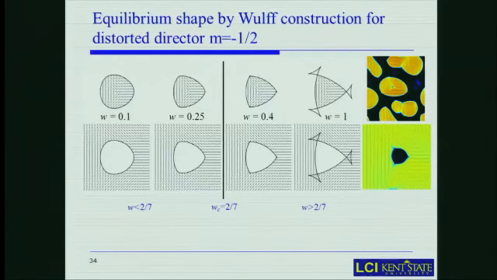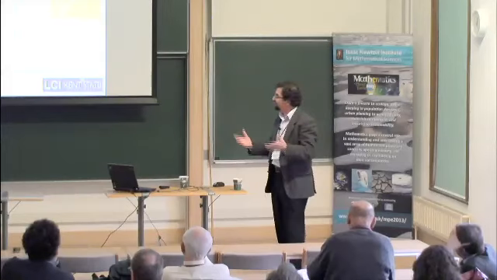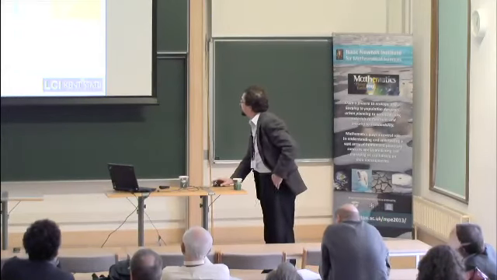But as you increase the penalty for bad orientation of the director, then the shape acquires these missing orientations. It simply doesn't want to be around the badly oriented director. Of course, the calculations are the same for positive and negative tactoids. It doesn't matter from which side you have the nematic phase.